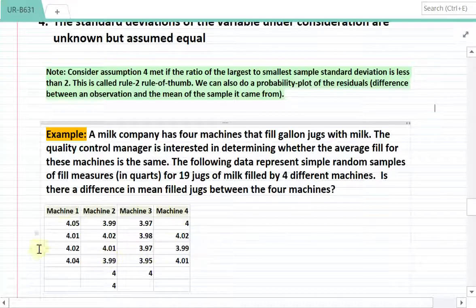So visually speaking, I would say these are all about 4. But take a look at machine 3 here. It's not much, but still, notably, I don't see 4, 4, 4, 4 like you see here. So there may be something going on there.